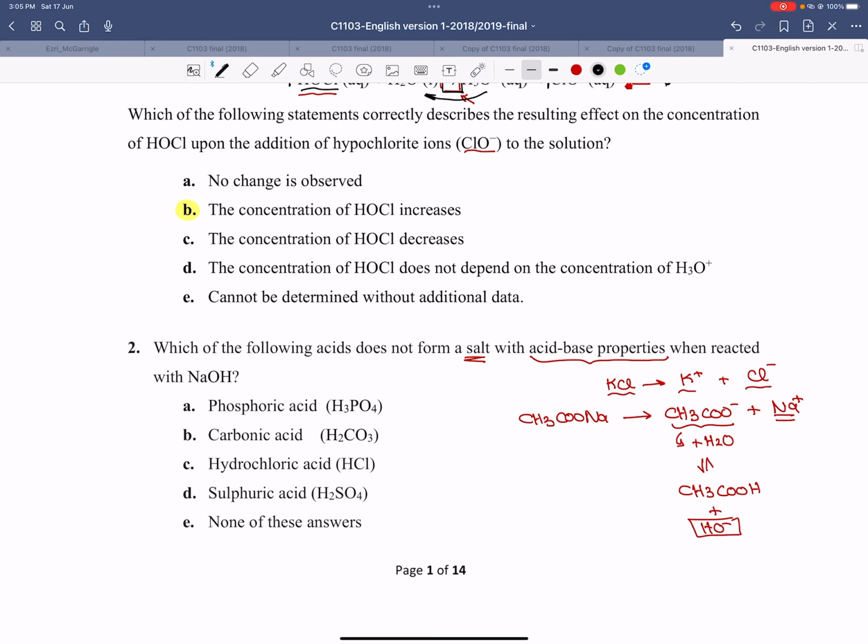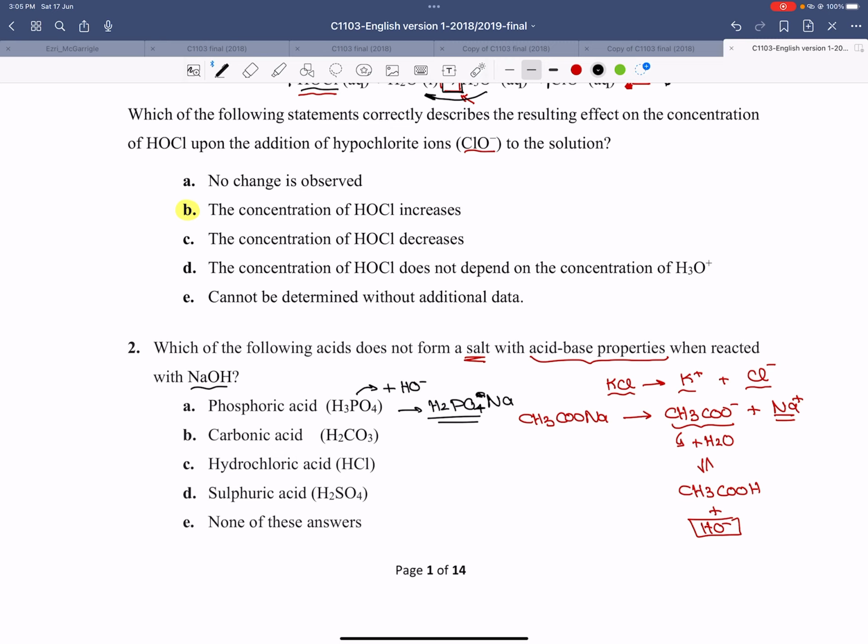Which of the following acids, reacted with NaOH, will not give a salt with acid-base properties? Let's look at each one. You have to react. NaOH is basically HO minus, remember that. H3PO4 with HO minus gives you H2PO4 minus, with Na.